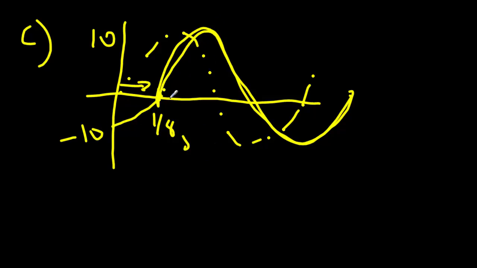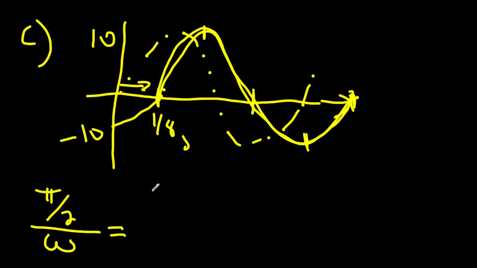And we would just add 1/8 to right here, which would be pi over 2. That's pi. This is 3 pi over 2, and this is 2 pi. And if we wanted to get those terms in terms of seconds, we would have pi over 2 divided by our angular frequency.